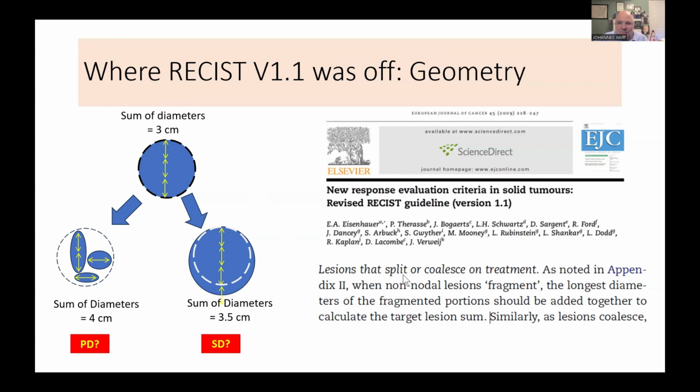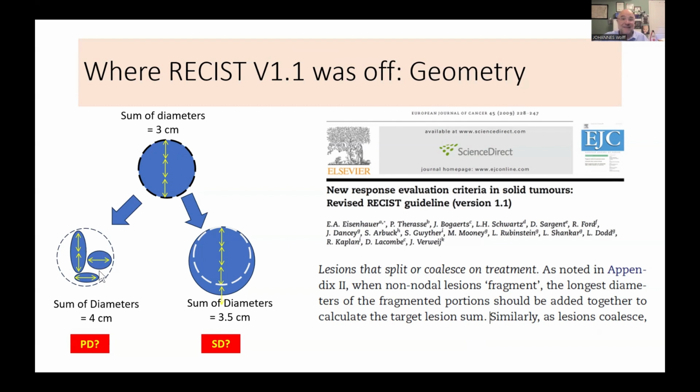A lesion that splits. For a lesion that splits, they say measure each of the split lesions and count them together. So here's the example. I drew a lesion here of 3 centimeters, and it is conveniently really round and simple to measure. This lesion is treated, and then we have these 3 little pieces, and all in between is gone.